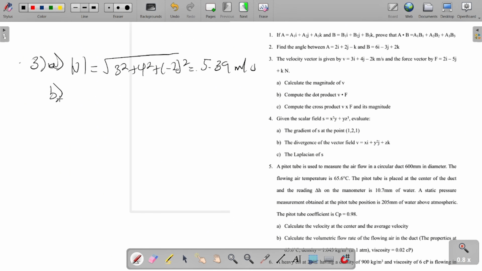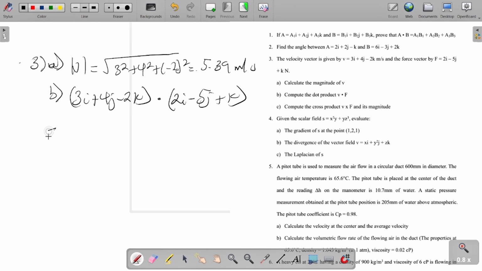Then for B, they ask us to calculate the dot product of the velocity vector. So I have 3i plus 4j minus 2k, which is the velocity vector, dotted with the force vector, which is 2i minus 5j plus k.